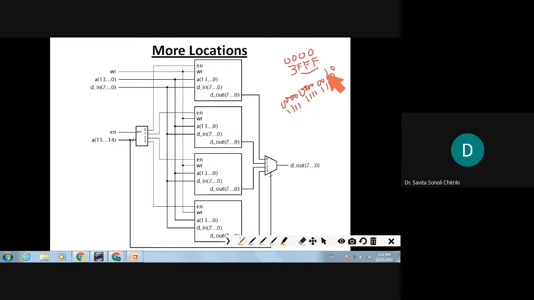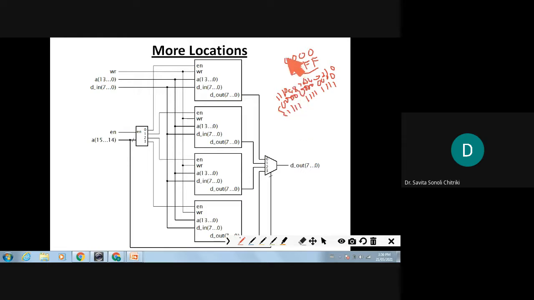0th address 1 2 3. I am elaborating this. 4 5 6 7 8 9 10 and 11. Right? What is happening here? They are the changing lines here.